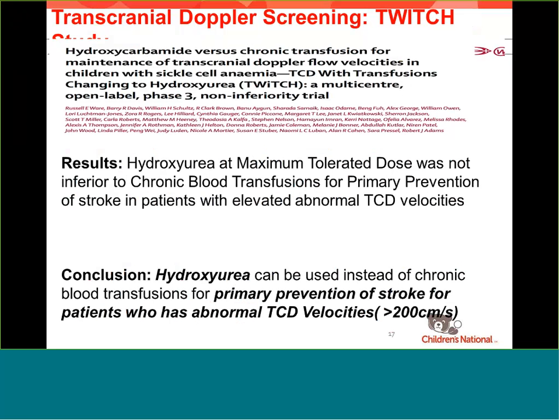If they have elevated TCD velocities and their vessels in their brain based on MRAs of their brain are not narrow, you can use hydroxyurea. But if they have vasculopathy in their brain that's severe, meaning that the vessels in their brain are narrow in more than one vessel and it's severe, hydroxyurea seems not to work in those cases. In those cases, we keep them on blood transfusions.